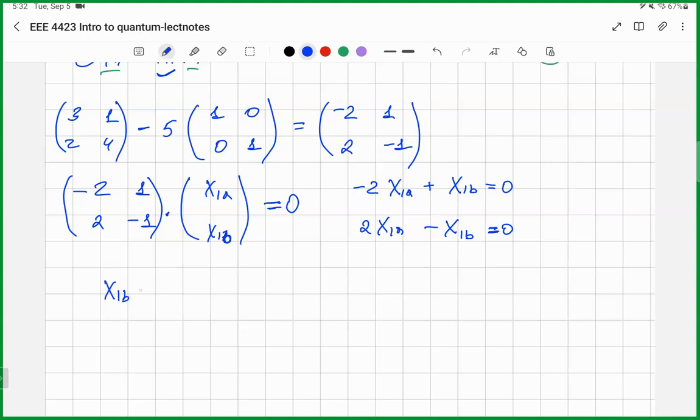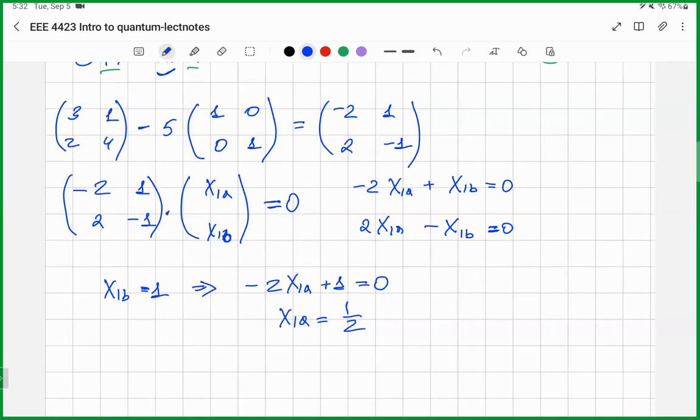Usually we just take one unit, so we assume x1b is 1. And that means that x1a is equal to 1/2.